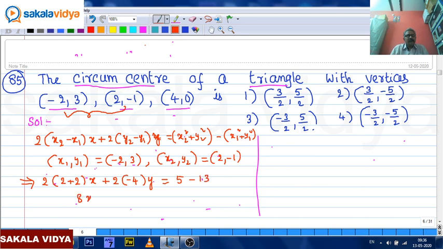So 8x minus 8y equals minus 8, divide by 8, you get x minus y is equal to minus 1.